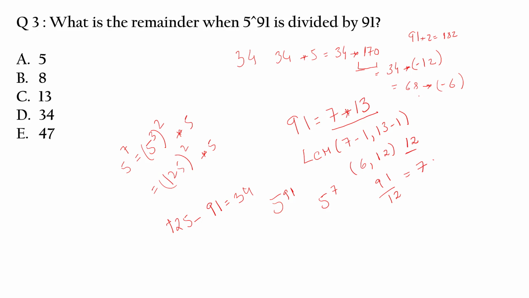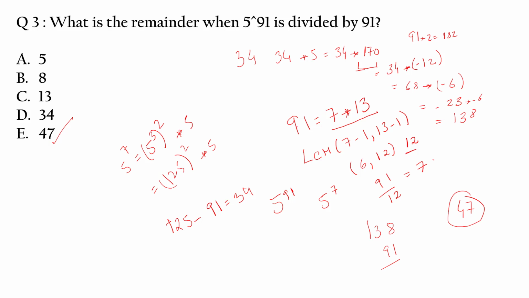Now again, if you subtract 91 from 68, you get minus 23 into minus 6. So you get 138. So the remainder is 138 minus 91, which is 47. So the right answer to this question is E, 47.